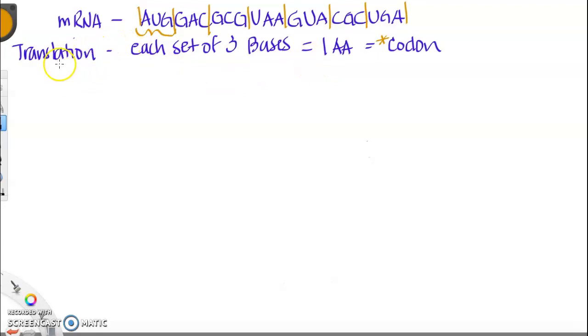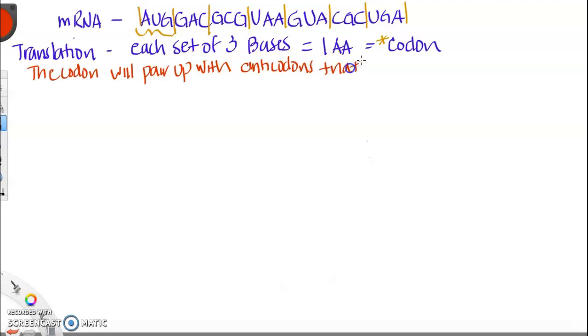So those codons will pair up with anticodons that are on tRNA that ferry in the amino acid.